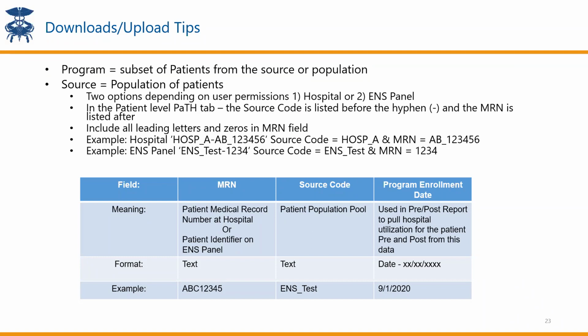Anything listed after the hyphen, including leading zeros and letters, should be included in this MRN field when you put it into the Excel file.